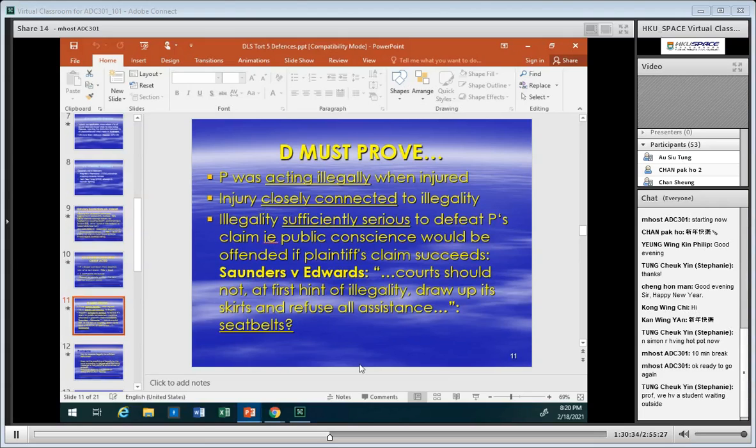But note at the bottom here, I've got seatbelts. Not wearing a seatbelt, everybody, would not be sufficient to ground a claim for ex turpi causa. Not wearing a seatbelt, the relevant defence will be contributory negligence, okay? But it's possibly worthwhile raising very briefly in an exam question, and quite often exam questions involving negligence.